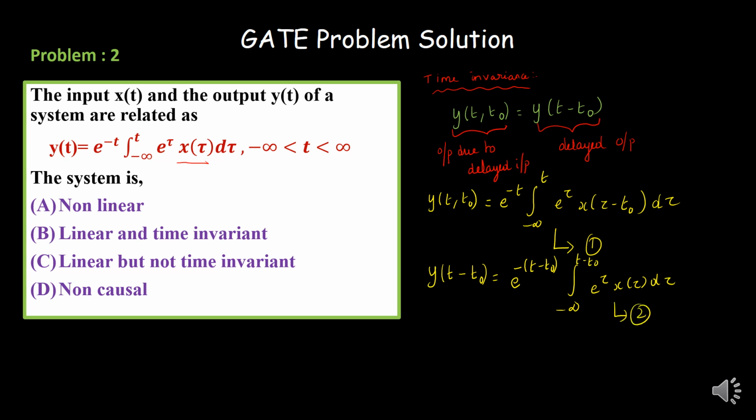Now comparing this first equation and second equation, this is not equal. So the system is said to be a time variant system, that is, not a time invariant system. One is not equal to two. The time invariance property is not satisfied. So we can conclude that the system is not time invariant.